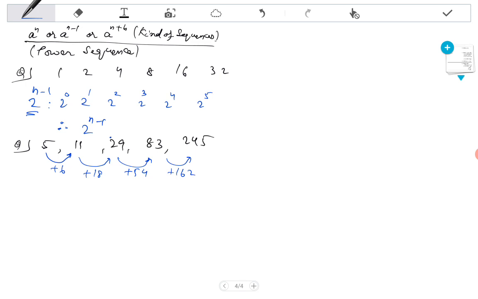So not coming constant, try second order. Second order is like 12, 36, 108. Try third, because second order is not coming constant, 24 and 72. So it's not coming constant.